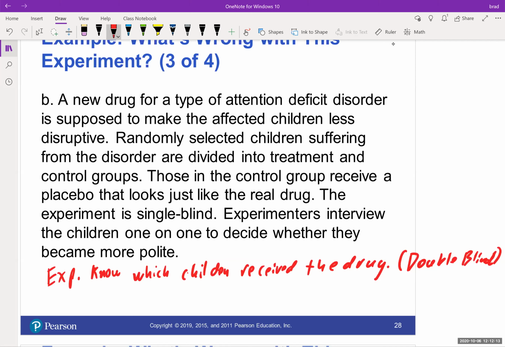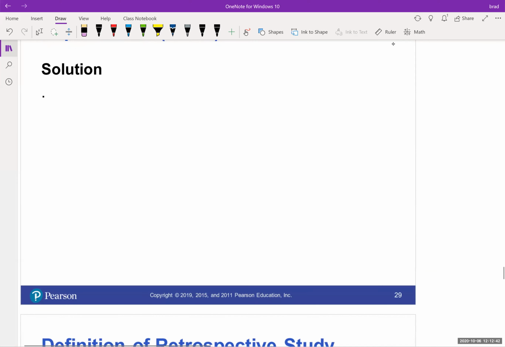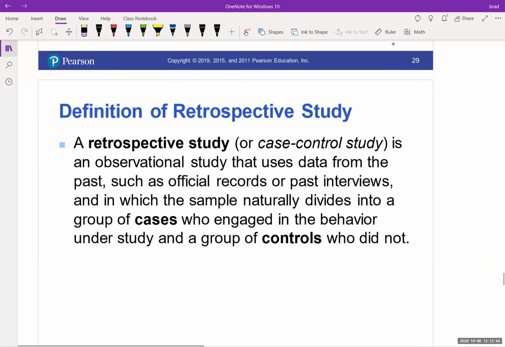So this experiment should have been a double blind because the researchers interview the children one-on-one and decide whether they become more polite. Well, they might now read into things because they know which kids received the treatment and which kids did not. So they needed to do this as a double blind, I think would have helped. They needed for them to not know.